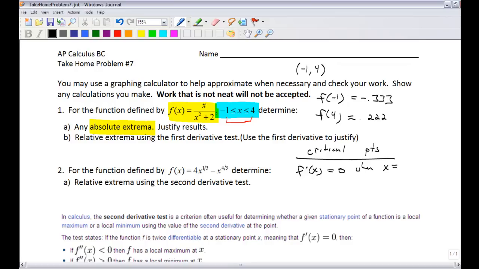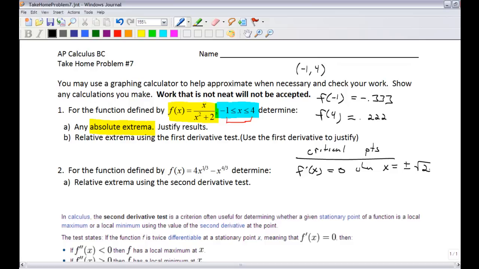I'm going to say, calculator, solve me a derivative of x over x squared plus 2. Tell me when that equals 0. The answer is x equals plus or minus root 2.